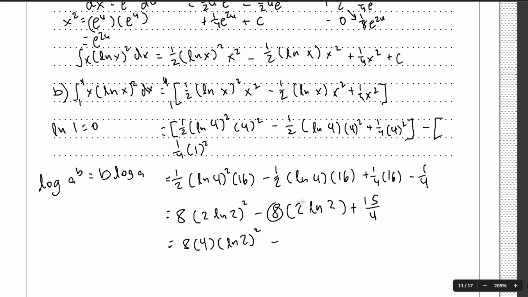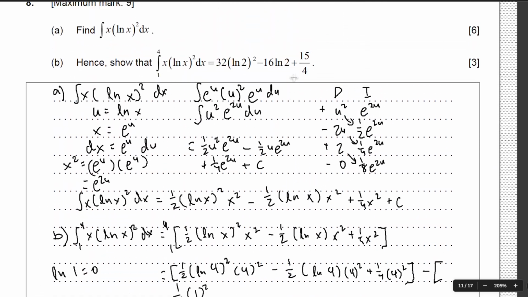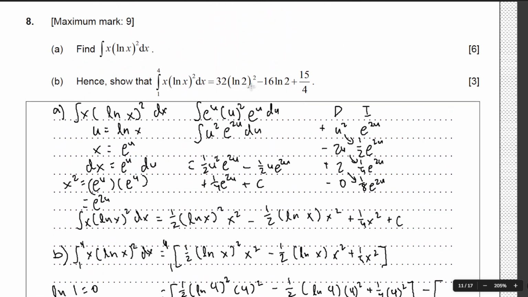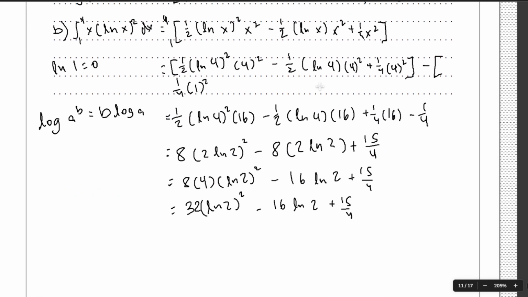Minus 8, and since there's no exponent here, we just need to do that: 16 ln 2, plus 15 over 4. After that, we just do 8 times 4, which is 32 (ln 2) squared minus 16 ln 2 plus 15 over 4. And this matches the 32 (ln 2) squared minus 16 ln 2 plus 15 over 4.